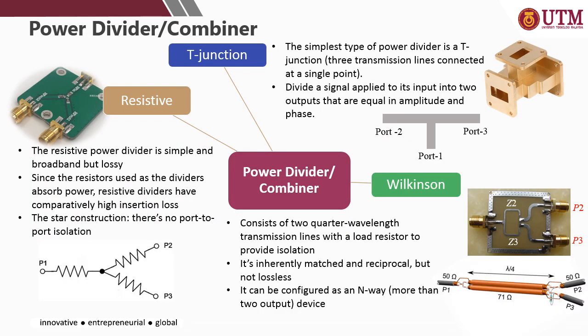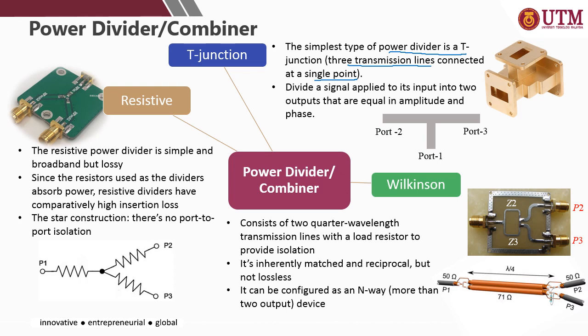Okay, there are three main types of power divider. The first one is the simplest one, the T-junction. This is the simplest type of power divider, in the shape of a T, representing three transmission lines connected at a single point.